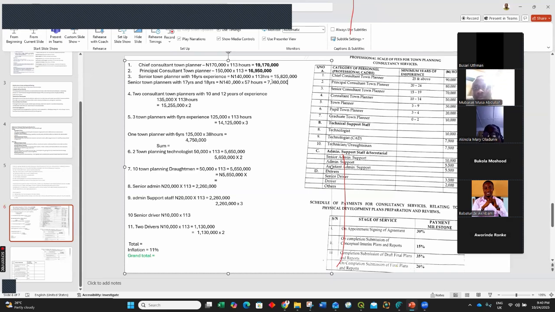And they are two. So you will say 7.9 times 2. So that is the rate for the two senior town planners. Thank you so much.